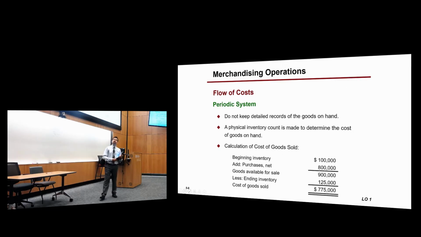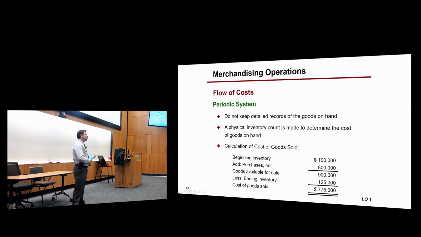Okay, so this is the periodic system, and this is how we did the example. You have the beginning inventory, and then you add to it all the purchases during that year. And when we say purchases, net, that means net of any returns. Because sometimes you might buy something, find that it was defective, and then return it, right? So add purchases, and that will give you the goods available for sale.